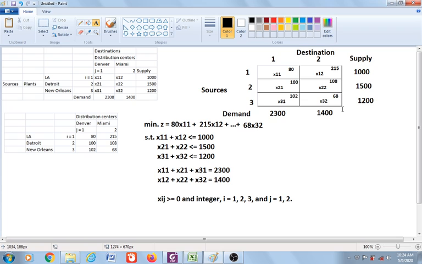By using it, we can also identify which variables are the basic variables and which are the non-basic variables. We will use this table to run that algorithm. I think that is it. We will explain the algorithm in the next video. Thank you very much.